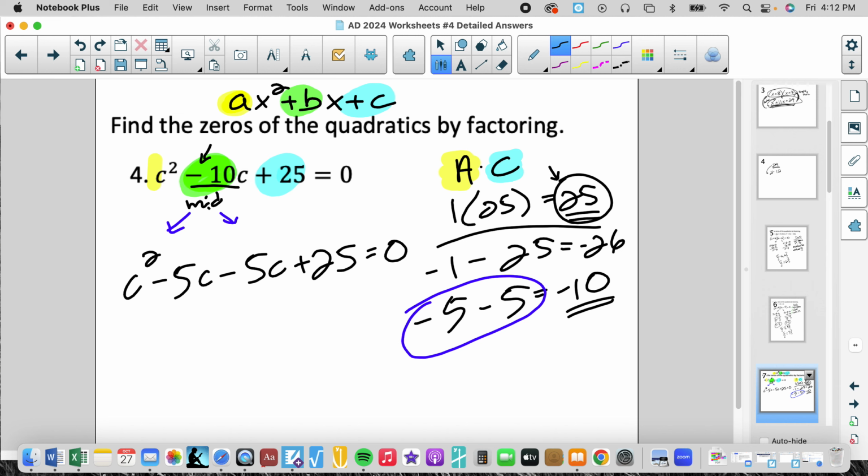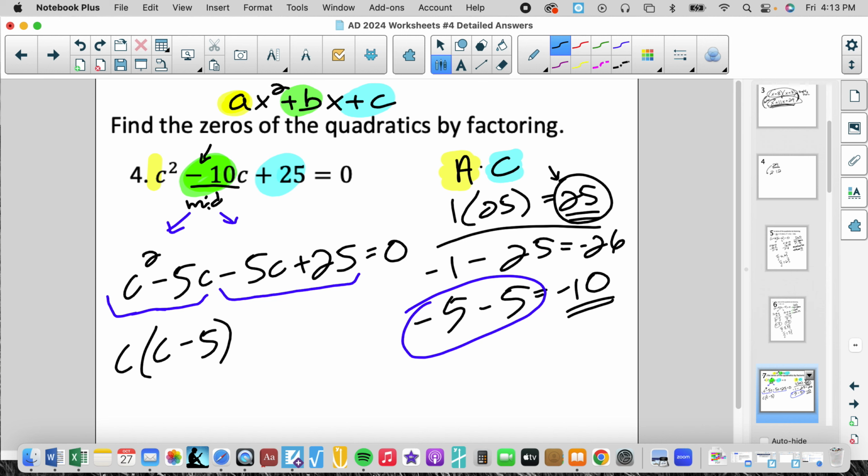If I simplify it back upstream, it better still equal. So now I'm going to factor by grouping. I'm going to group the first 2. And I'm going to look for a common factor of c squared minus 5c. They both have a c. So if I take a c from c squared, that leaves me with c. If I take a c from negative 5c, that leaves me with negative 5. I'm dividing that into it.